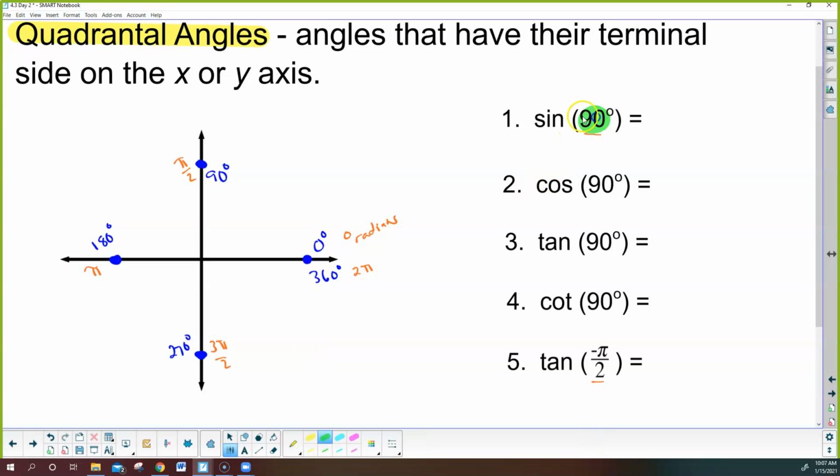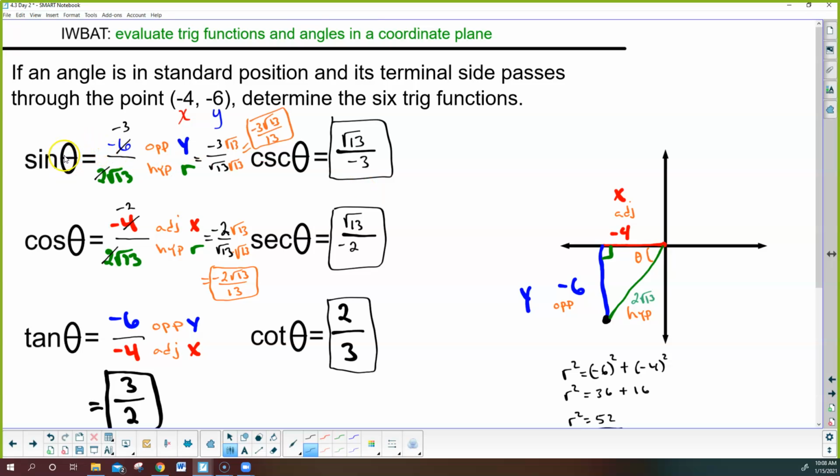So let's look at the sine at pi over 2. Now, what was sine before? Sine was opposite over hypotenuse, or y over r. So what if our radius is 1?